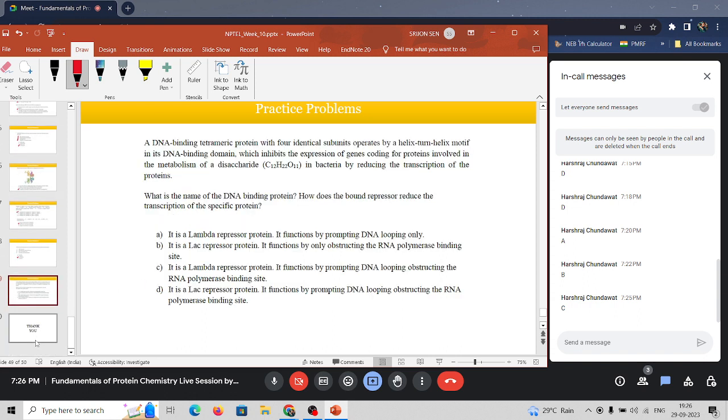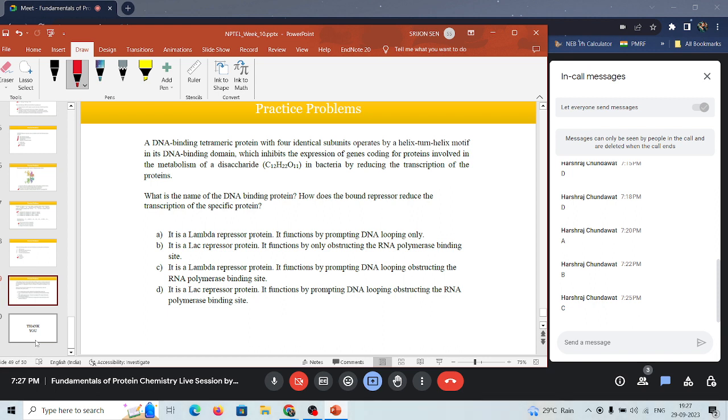And the last question for today. A DNA binding tetrameric protein with four identical subunits operates by a helix turn helix motif in its DNA binding domain. It inhibits the expression of genes coding for proteins involved in the metabolism of disaccharide in bacteria by reducing the transcription of proteins. What is the name of the DNA binding protein and how does the bound repressor reduce the transcription?